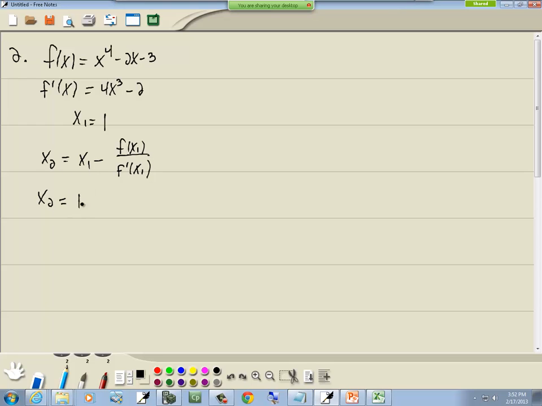Well, x1 is 1 minus f of 1 over f prime of 1. So we'd have 1 minus, and then we plug 1 into our f of x. So we're going to have 1 to the 4th minus 2 times 1 minus 3 over, then we'll plug 1 into our derivative. So we've got 4 times 1 to the 3rd minus 2.